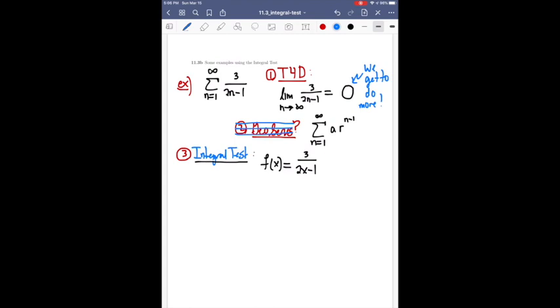And we need this function f of x to satisfy 3 criteria. The first criterion: hey, is this function f of x positive? And in this case, for all x values greater than 1, going off to infinity, this function f of x is positive.